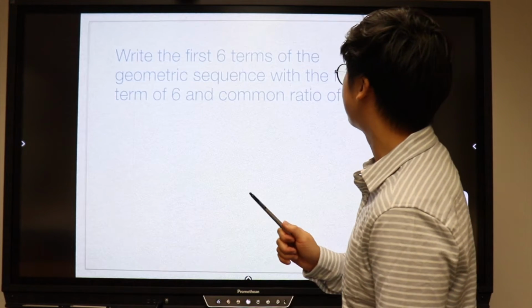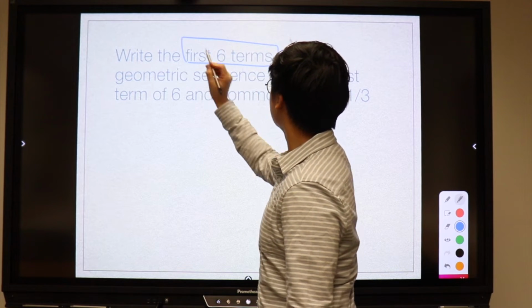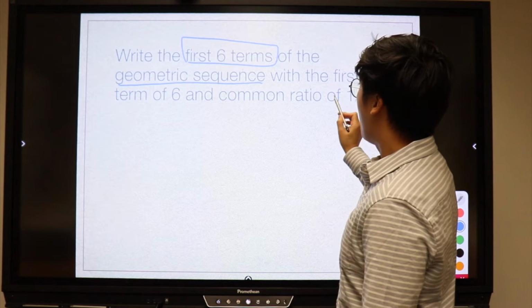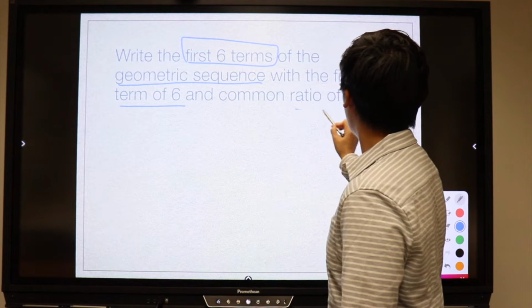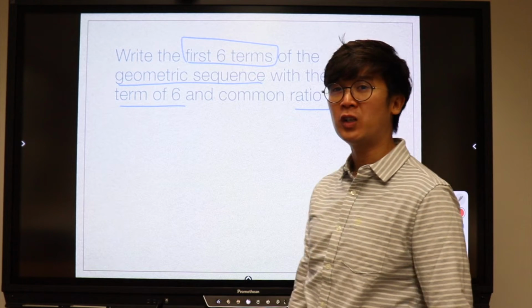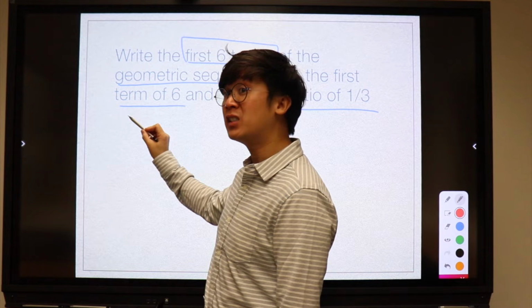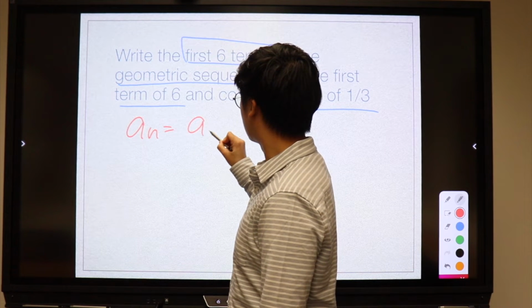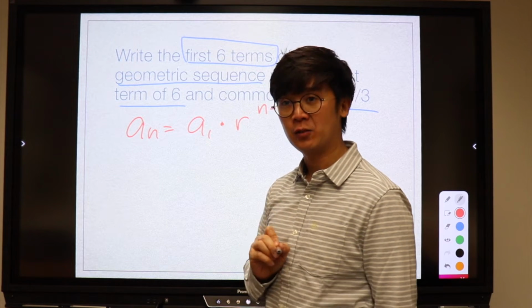Now let's work out problems involving geometric sequence. First problem. Write the first 6 terms of the geometric sequence with the first term of 6 and a common ratio of 1/3. So first, let's write the formula for a geometric sequence. What's the formula? a(n) equals a1 times r to the n minus 1.